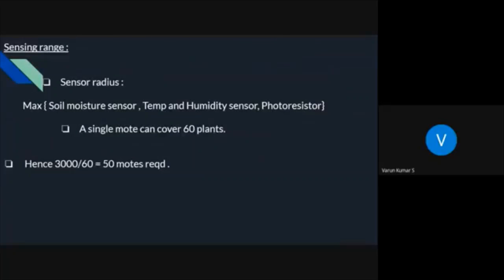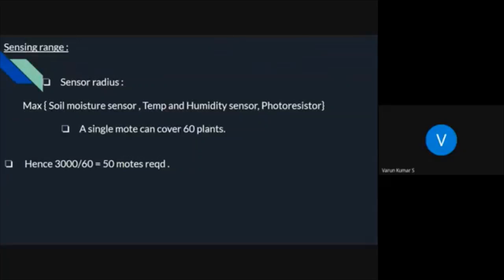As the sensing area had to cover every corner of the plant, we are taking the maximum sensing range of each of the sensors. The maximum sensing range among the different sensors is taken as its sensing diameter, which is then calculated and cross verified across the plant area, which turns out to be that a single mote can cover 60 plants.